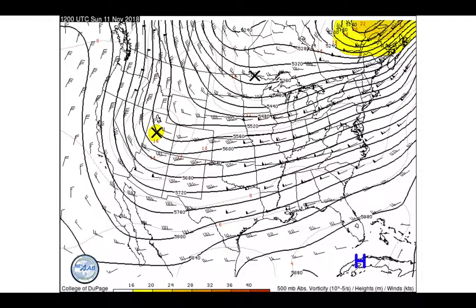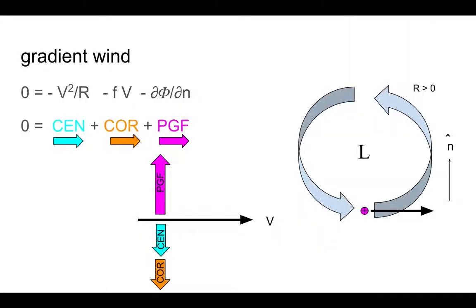And that's a very typical situation for upper air flow patterns, especially in the mid-latitudes. And so that's what we call the gradient wind, where the wind is basically responding to the pressure gradient. And even with the turning of those height contours, the flow will turn in response. So for the gradient wind, all three of these forces or accelerations are important and need to be kept track of and non-zero.